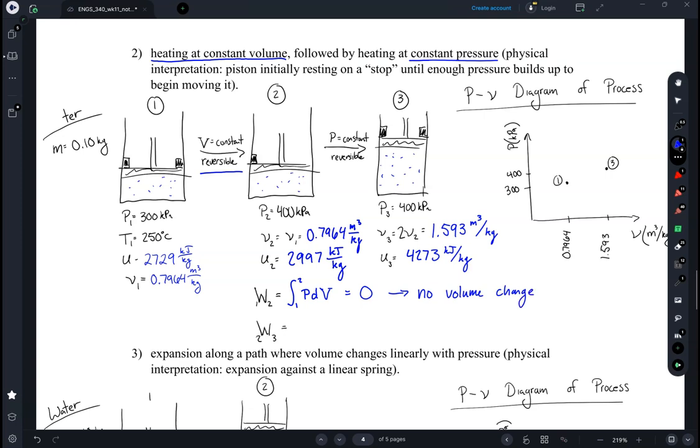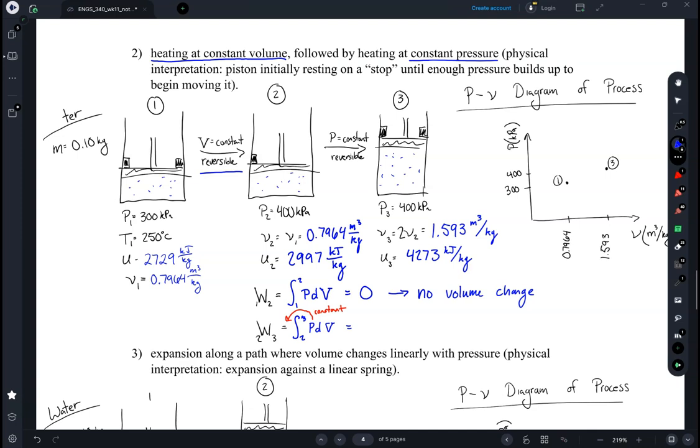Then for 2 to 3, we're going to look at the integral from state 2 to state 3 of PdV. Right, this one, P comes out of the integral because it's a constant.